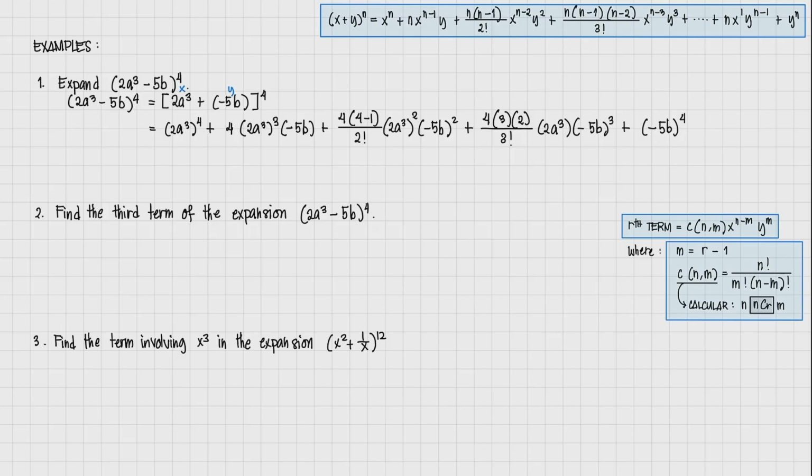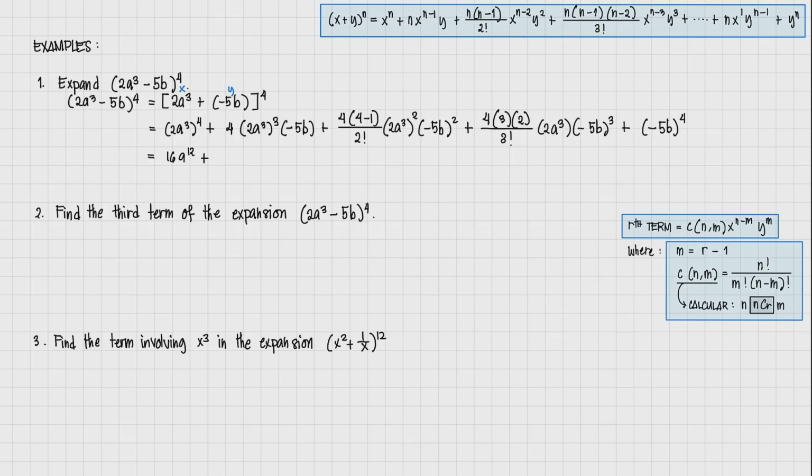So, okay, let's simplify this. You have 2 raised to 4, which is 16, raised to a, 3 times 4, 12, plus 2 raised to 3 times negative 5 times 4.